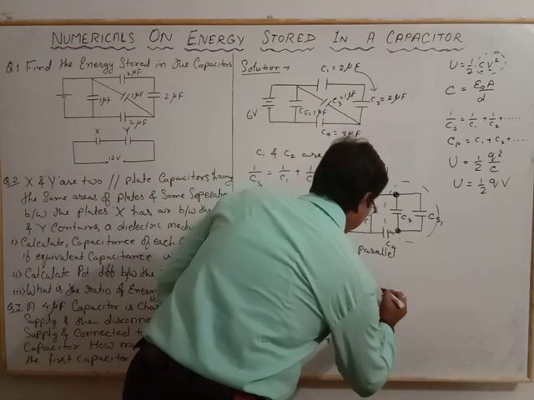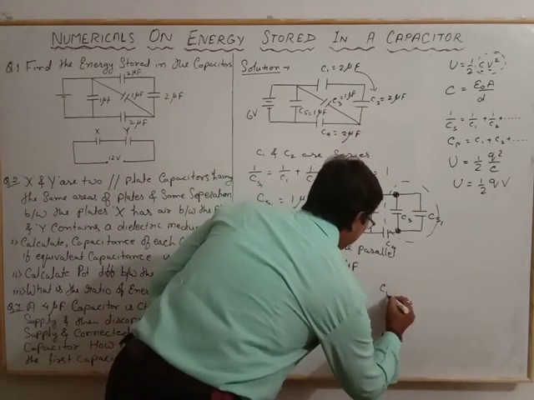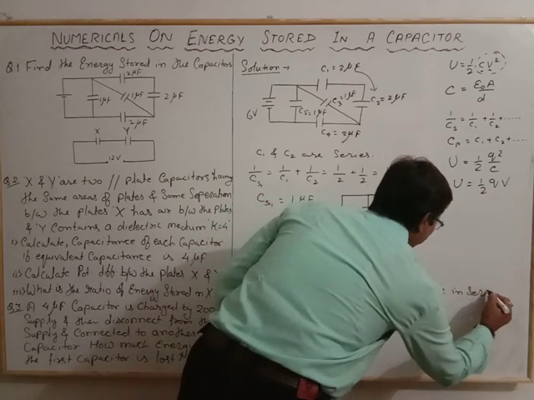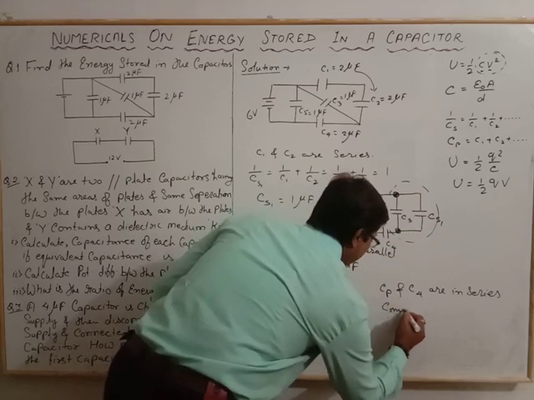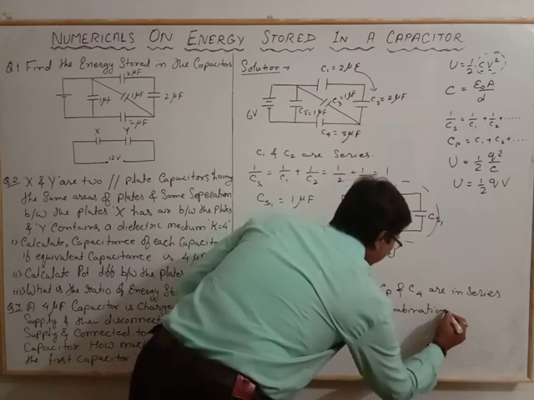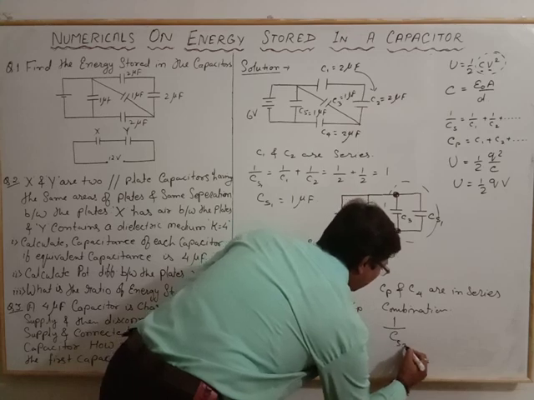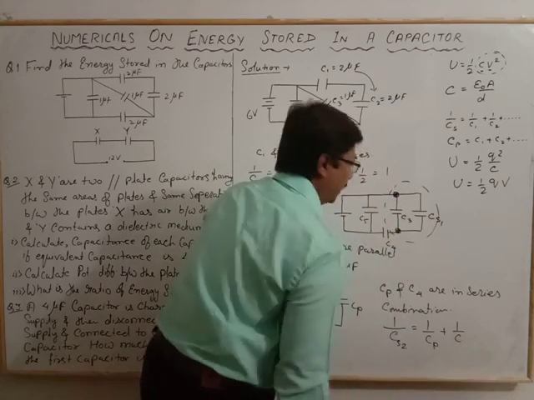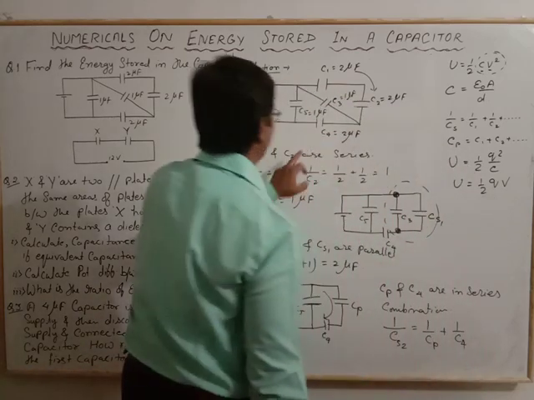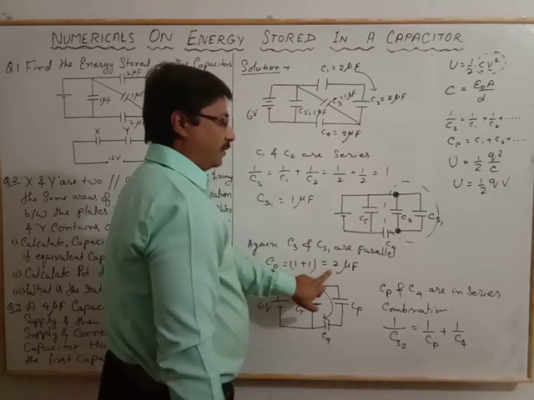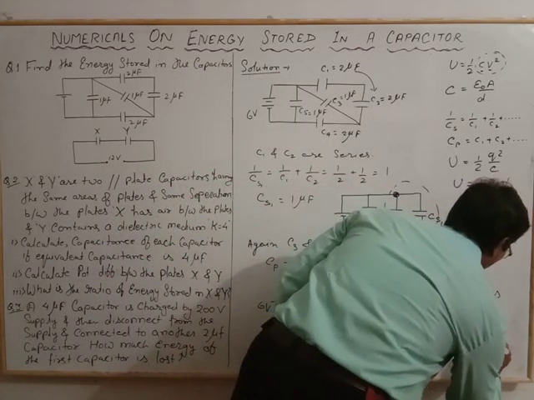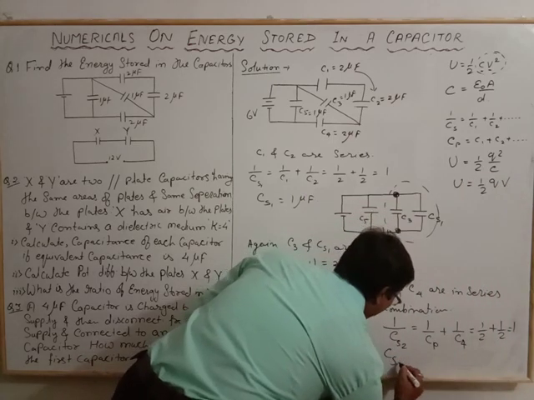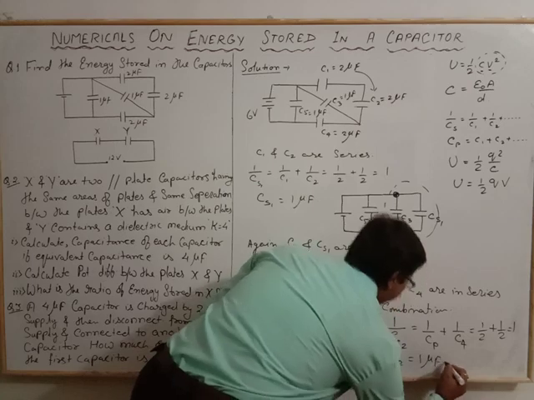So again, Cp and C4 are in series combination. The arrangement is 1 by CS2 is equal to 1 by Cp plus 1 by C4, and C4 has the value of 2 and Cp also has 2, so in that case it is 1 by 2 plus 1 by 2, again it is 1, and CS2 is equal to 1 microfarad.